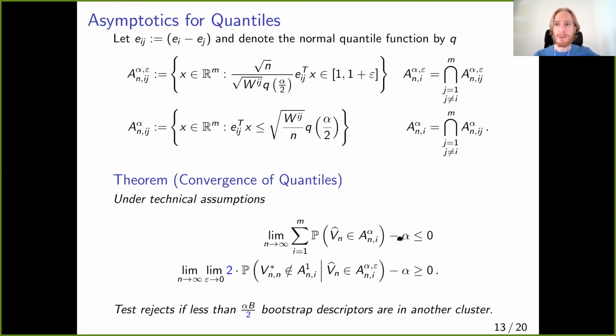And if m is equal to 2, so if we have exactly 2 minima, this is actually exactly equal to alpha. For larger number of minima, it might be smaller, but this is good enough.